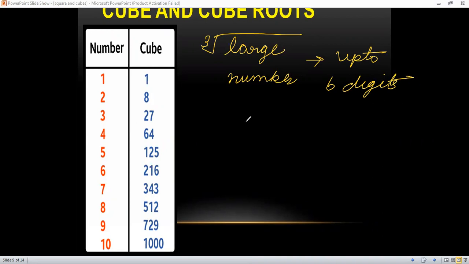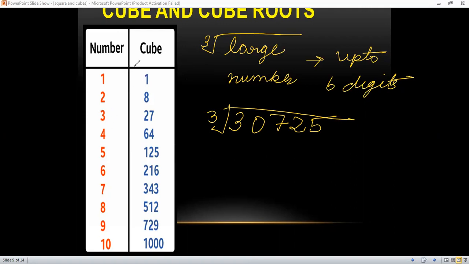Assume we try to find the cube root of 30,725. Now how will you find the cube root? For finding the cube root of a large number, it is very important that you know all the cubes of 1 to 10.